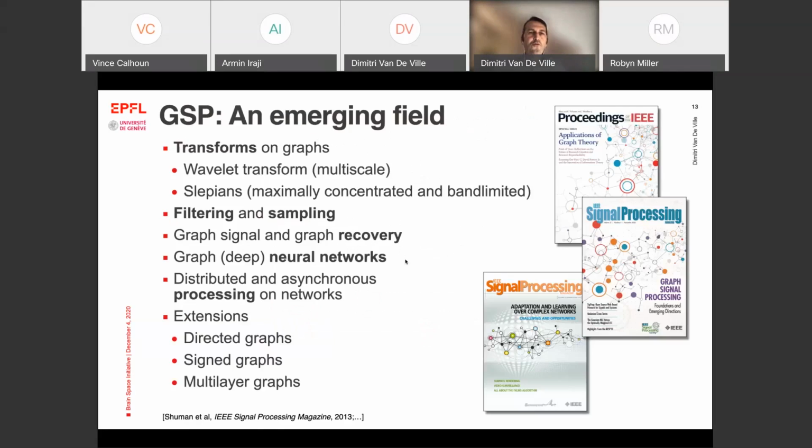So just to conclude the GSP section, indeed, this has been a very flourishing and emerging field for the last about 7 years.